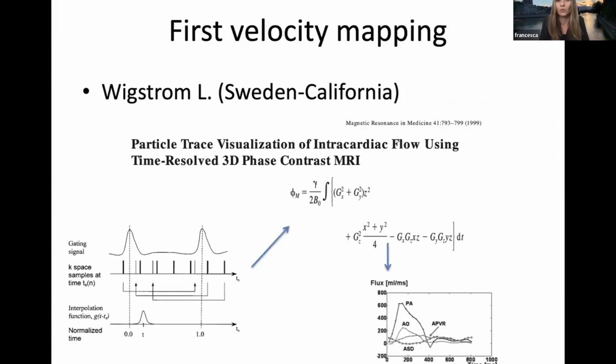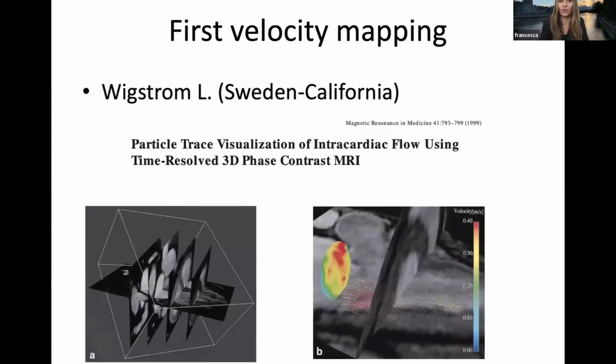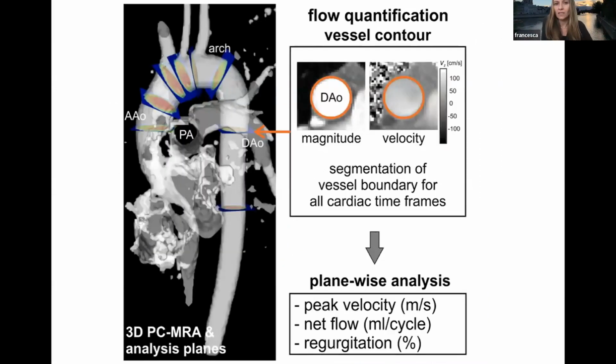It's not a new sequence, because the first attempt to have this kind of acquisition was made more than 20 years ago now, when some physicists understood how to acquire the velocity fields in the 3D volume. And in the first consensus statement in 2015, we already established the 3 major parameters that you can study with this sequence. This is just an example of what you can study in vessels about velocity.